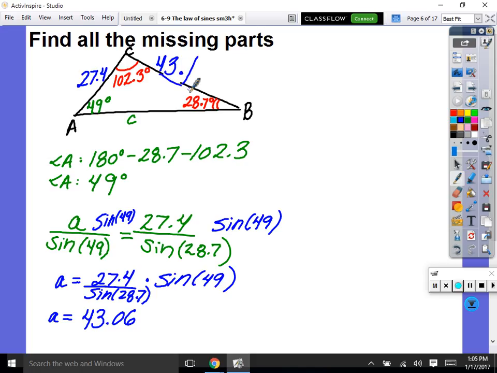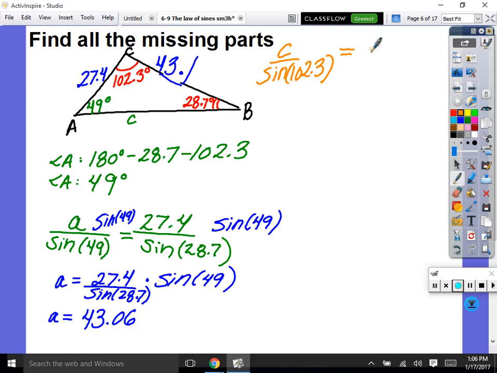Now, could we use Pythagorean theorem? No, right? Because it's not a right triangle, right? So it's okay. That's what I just wanted to make sure of. We would then from there still not use right triangle Pythagorean theorem. So we're gonna set up the law of sines again. So let's find side C. So C over sine of angle across from it, 102.3 equals, we could use anything else, either one. I'm just gonna go with this again.